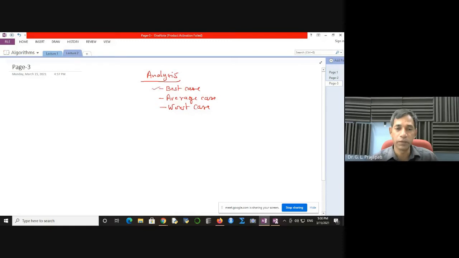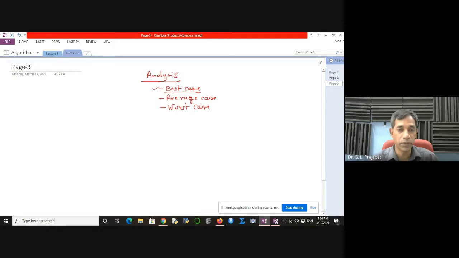This means you are going to determine the minimum amount of resources your algorithm will require. So the best case says what is the minimum amount of resources your algorithm will take if the input favors your algorithm. If you supply some input that is according to your algorithm, and your algorithm favors such input, then what is the minimum requirement of the resources?